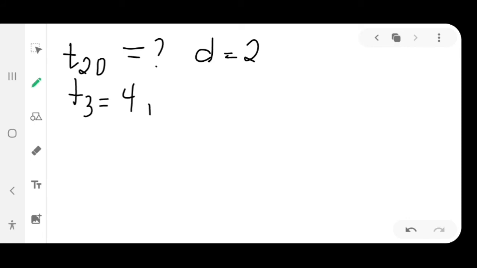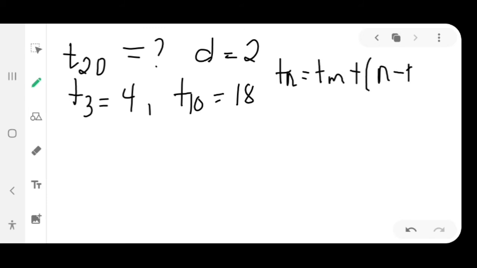Okay, so let us now find the 20th term of the sequence. Since our common difference is 2, which we have already computed, and t sub 3 is 4, t sub 10 is 18, we are using again the same formula, that is t sub n is equal to t sub m plus n minus m times d.